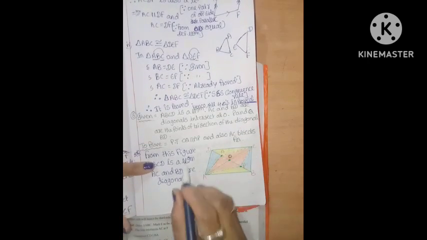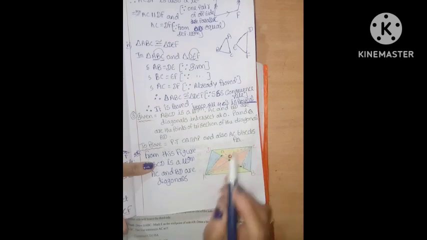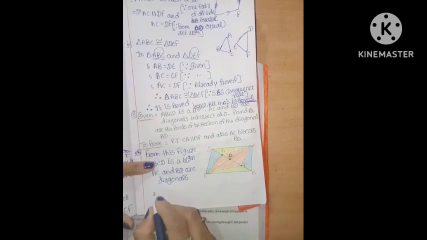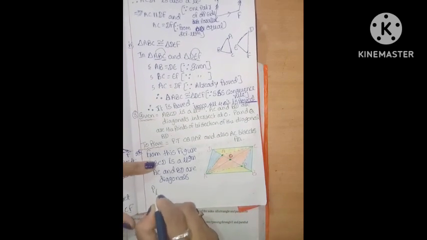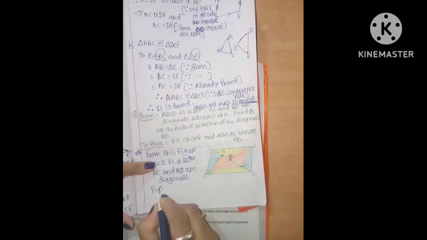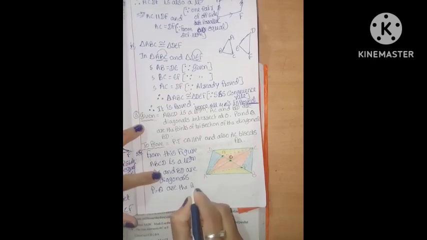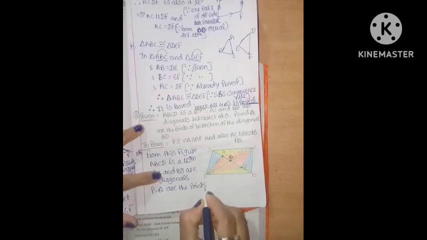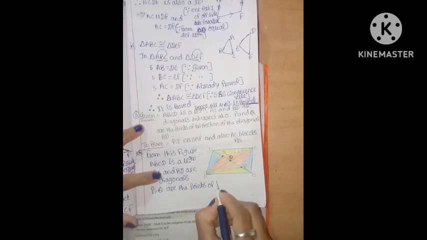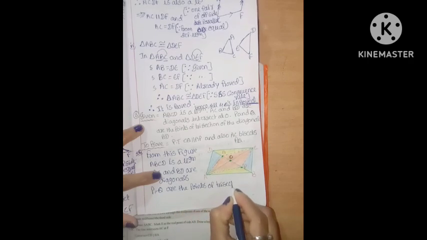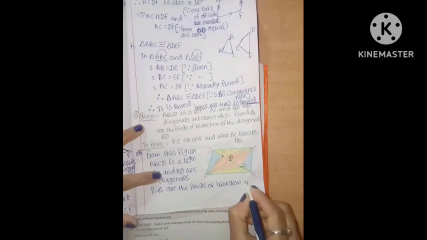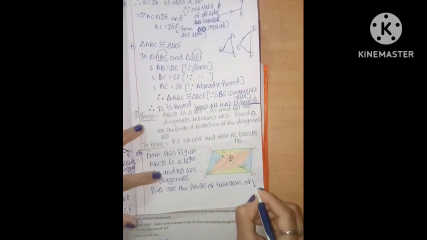And P and Q are the points of trisection of the diagonal BD.